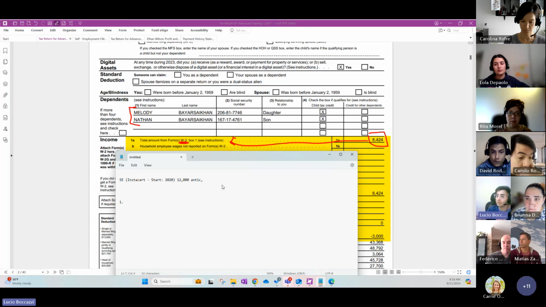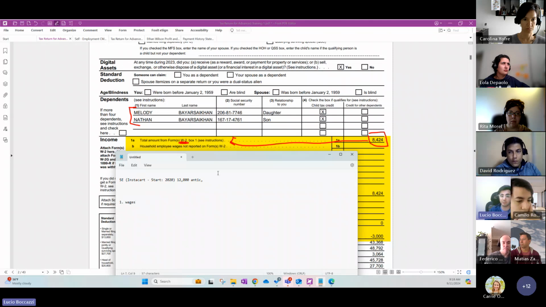But if you see that these people are only self-employed, but then you see that there are wages, we will have them address it. Am I making sense so far?